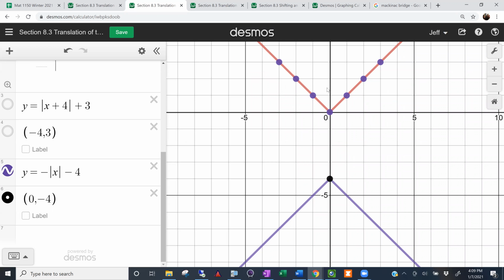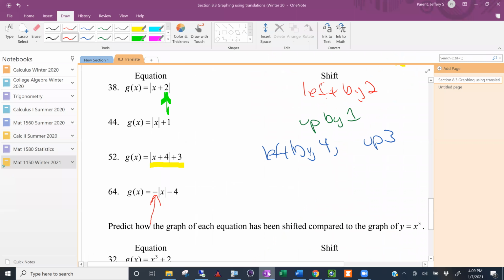So that's showing you that this graph behaves similar to the graph of the parabola. You just got to know that basic shape, and then you can translate this left, right, up, down, and flipped. So this one is flipped and shifted down 4.